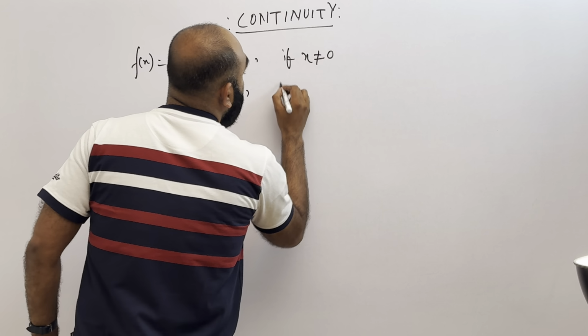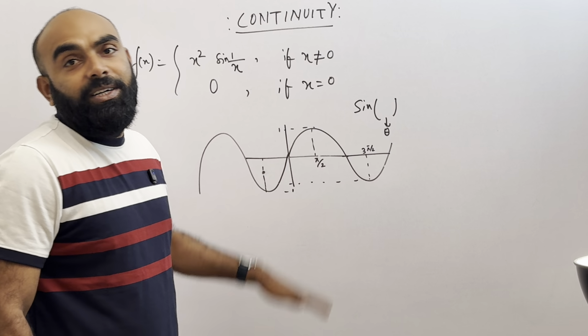So we can see that the sine value will oscillate between minus 1 and 1. Whatever values of x you keep, the sine value will vary between minus 1 and 1 only. So we use the language that it is oscillating between minus 1 and 1.